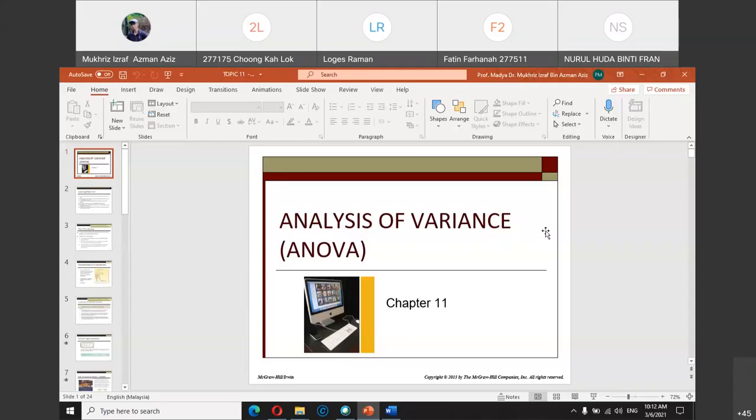So that is the focus of our topic, chapter number 10 in your syllabus. Hopefully you will learn the basics of ANOVA, and most probably you will see this application again in your basic econometrics subject.